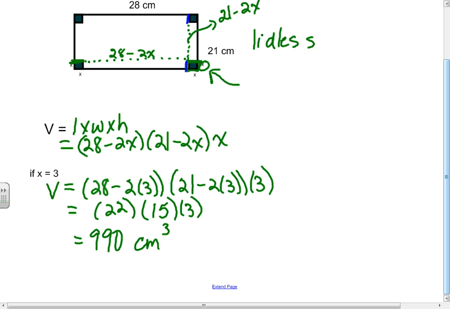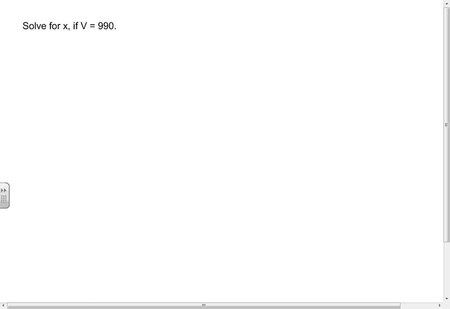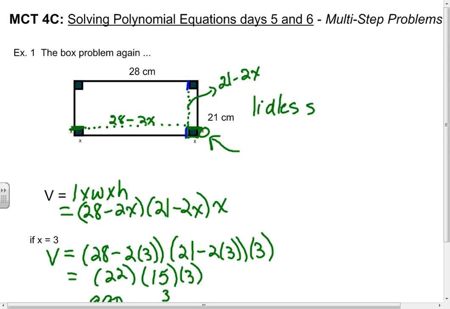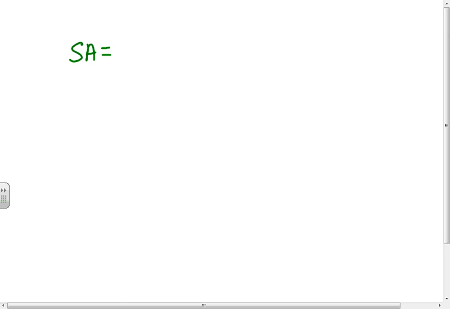The surface area could be done in one of 2 ways as well. You could do the surface area by saying the surface area used to be 21 times 28, and then I cut some stuff out.